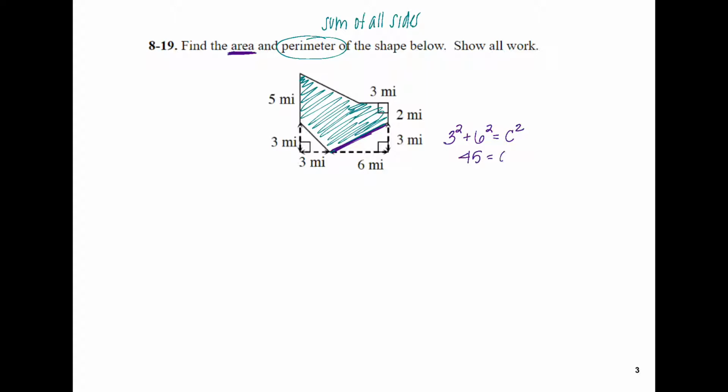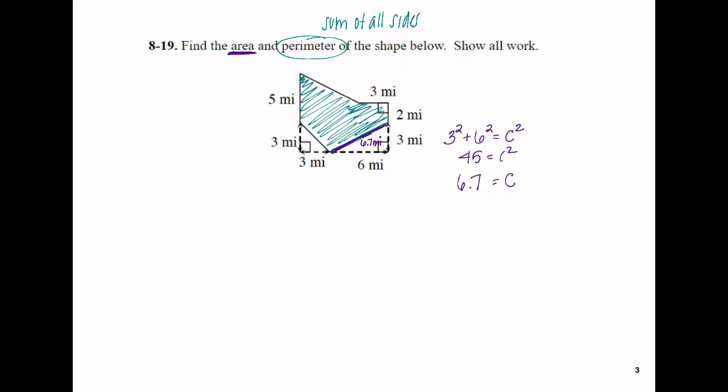And the inverse of squaring something is square rooting it. So when we take the square root of 45, we get C is approximately 6.7. So we can label that side we just found as 6.7.